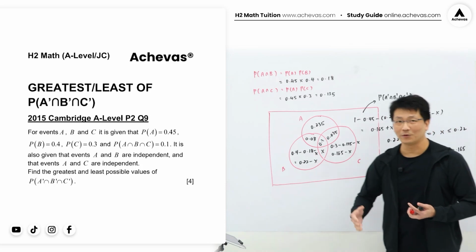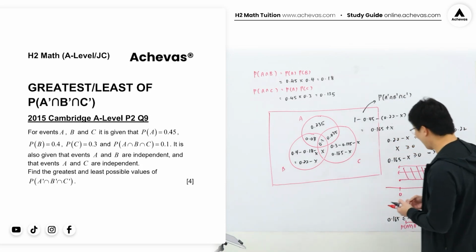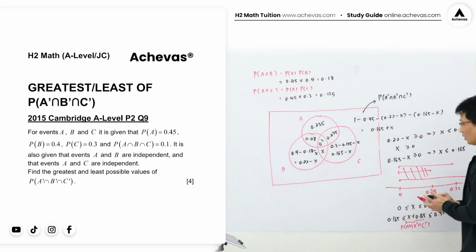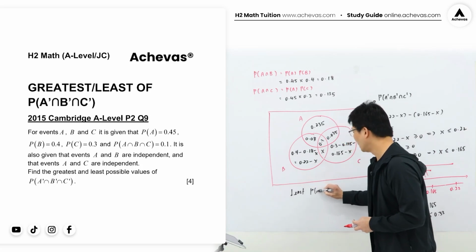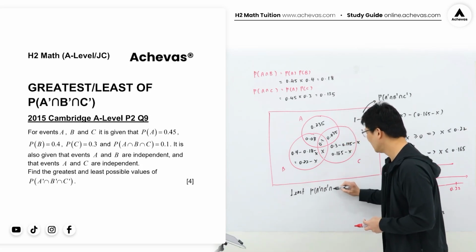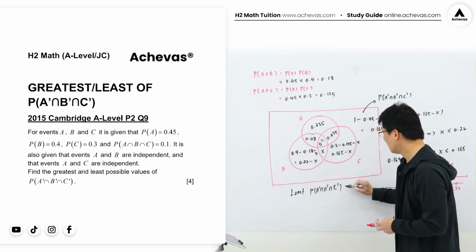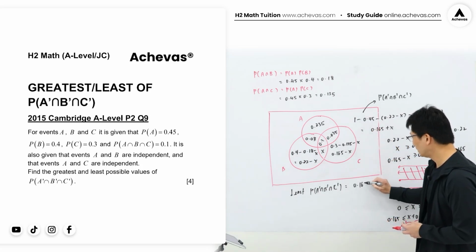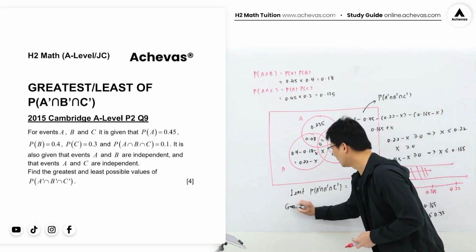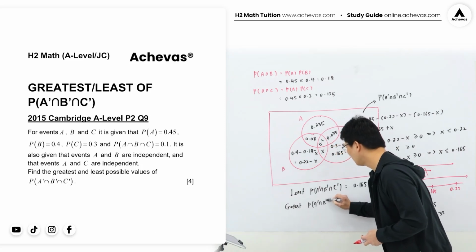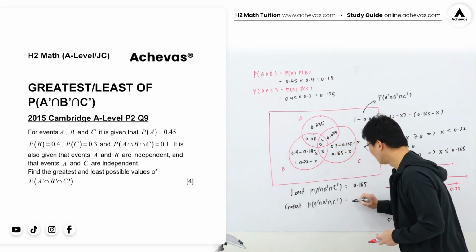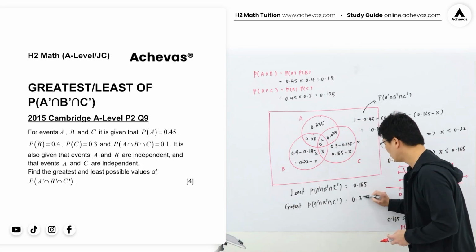From here we can observe the least and greatest values. So, to conclude: the least value of the probability of A prime intersect B prime intersect C prime is 0.165, and the greatest value is 0.33.